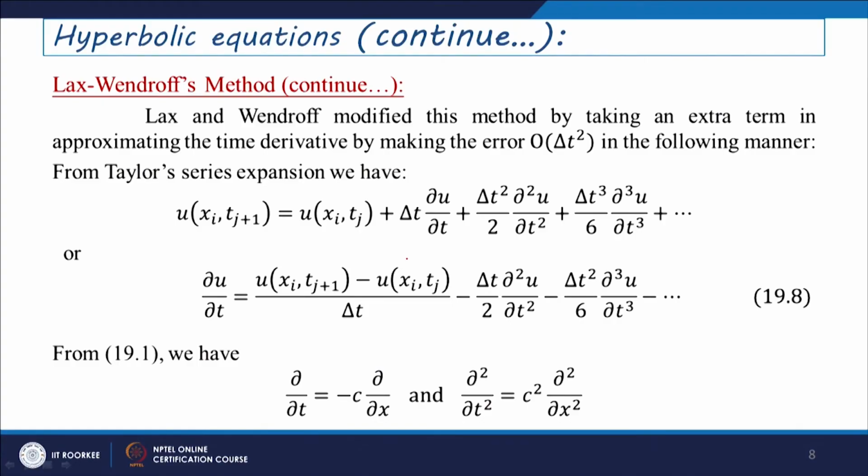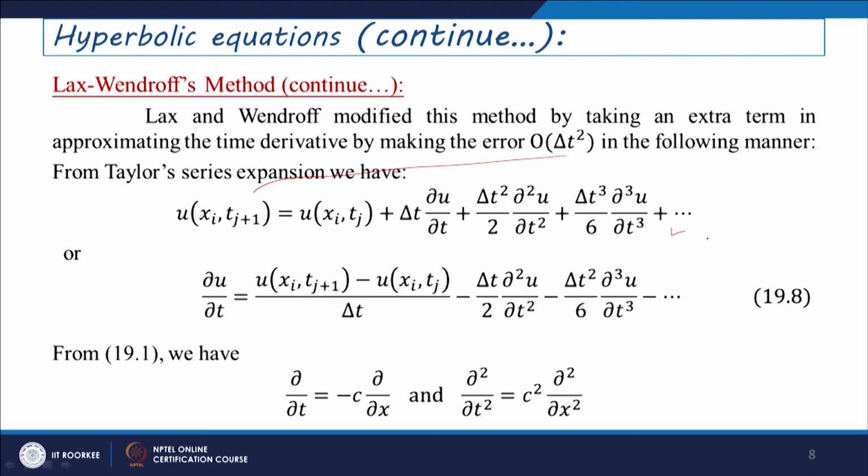In this Taylor series expansion, if you consider the higher order terms containing order of del t square, the expression is u of xi tj plus 1 as u of xi tj plus del t del u by del t plus del t square by 2 del square u by del t square plus del t cube by 6 del cube u by del t cube terms here. But we will consider these terms only up to second order terms for the time derivative here.